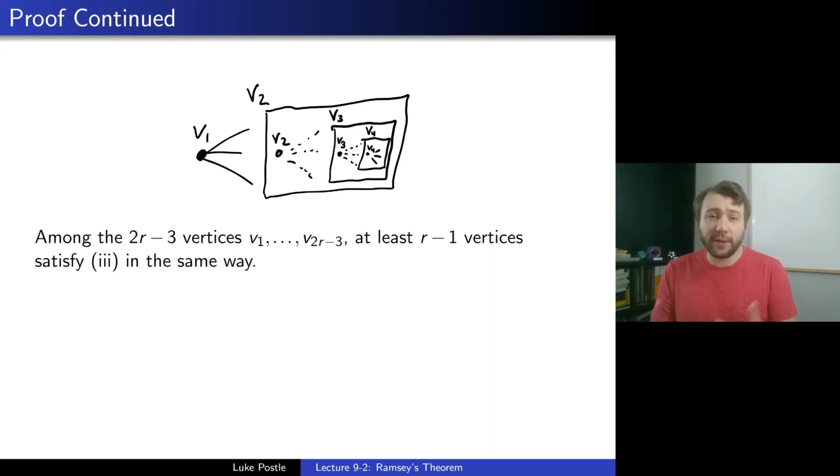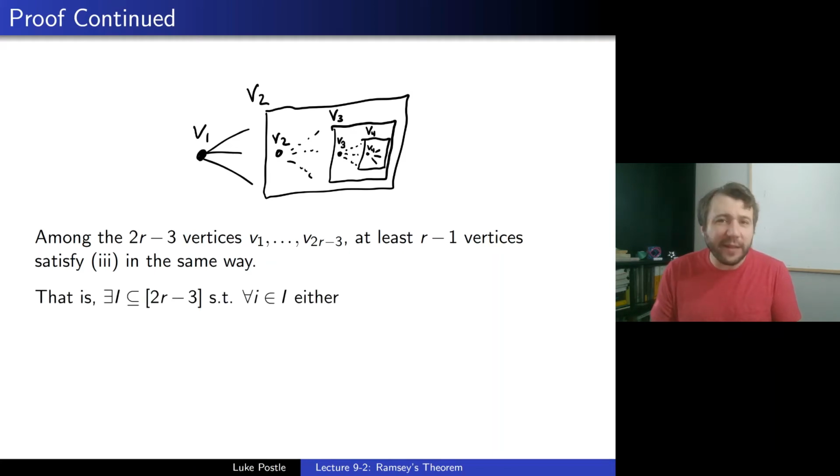So v1, in our picture, is doing the neighbors, v2 is non-neighbors, v3 is non-neighbors, v4 is neighbors, etc. R minus 1 of them, the majority of them, will all act in the same way. So r minus 1 of them will either be neighbors going forward, or will have non-neighbors going forward into the larger VIs.